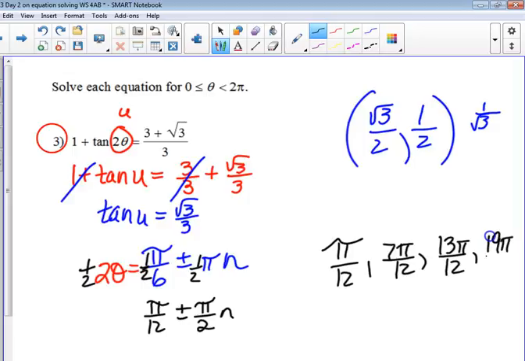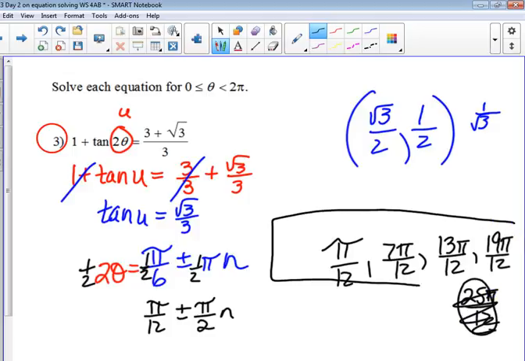Add another half. Okay. Why does that one not work? 25/12 is more than 2, right? It's 2 and a 12th. So we get to be done with these 4 answers.